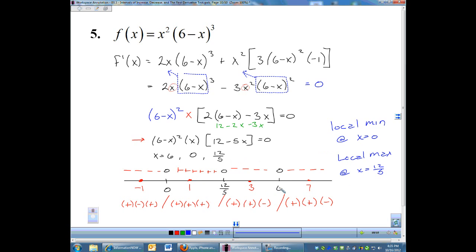My derivative changed from positive to negative. 6 is a critical number, but I'm negative, and then I'm negative afterwards. So that's probably an inflection point. My guess is what happens graphically is my function decreases, levels off to a slope of 0, and then decreases again. So that's probably what's happening at 6. And if we wanted to play with the second derivative, we could figure that out. But here's what we have for number 5, and I'm done with the first derivative test.